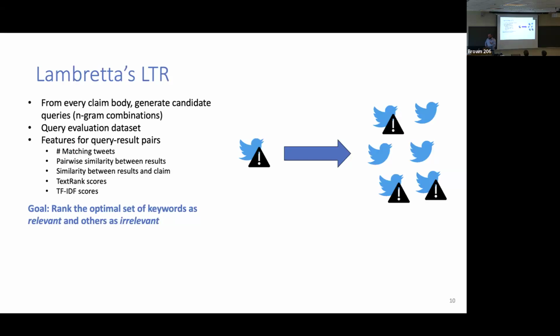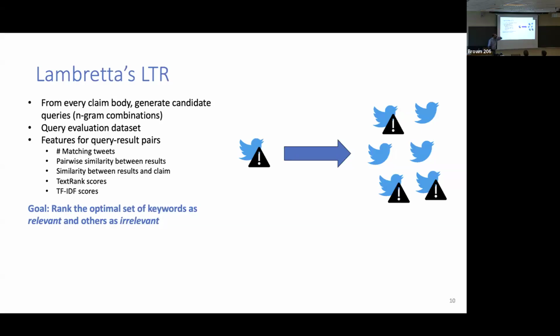So we take a tweet and we extract keywords from it. We do all permutations, or combinations, of keywords in there. Then we have an evaluation data set that we labeled ourselves, so that's a ground truth. Based on those keywords, we retrieve the candidates that contain those keywords. And then we extract a set of features.